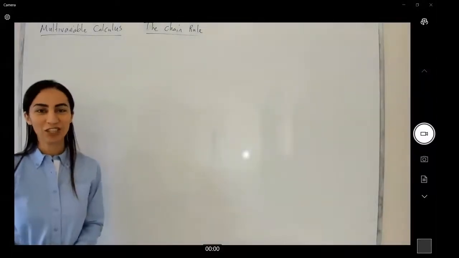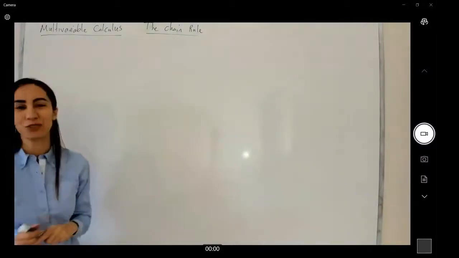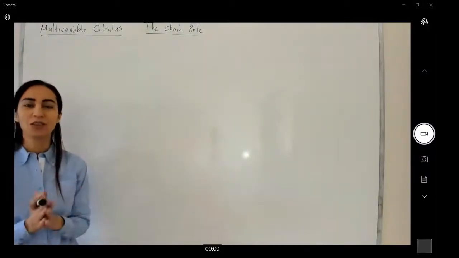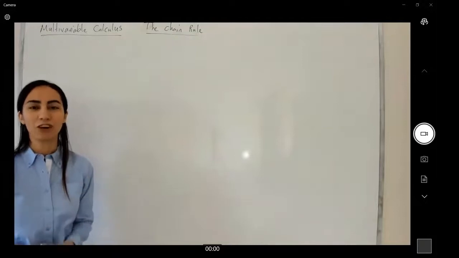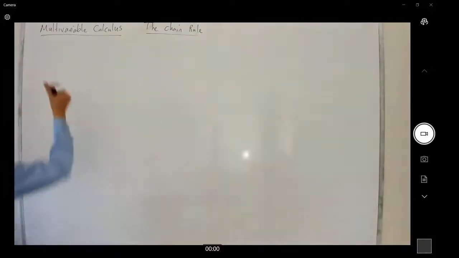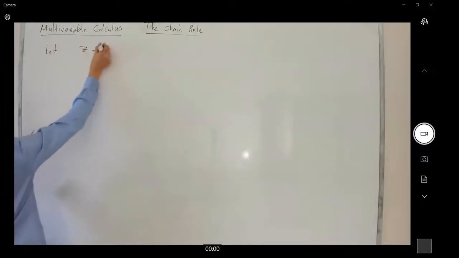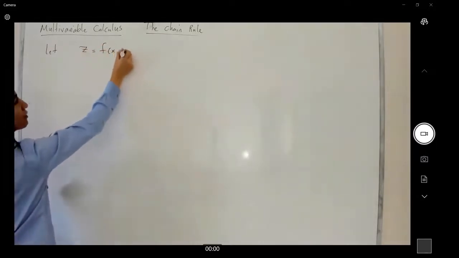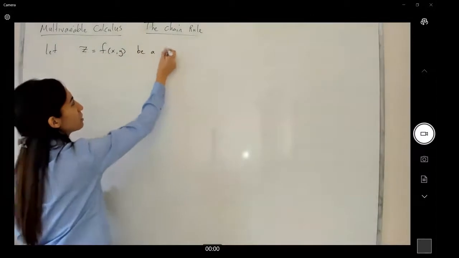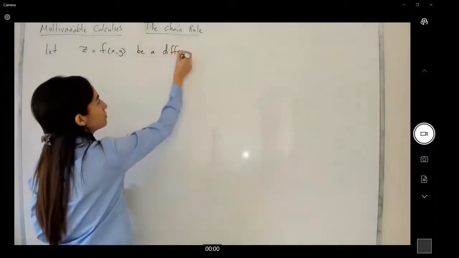Let's continue the lecture. We're going to talk about the chain rule today. So suppose you have a function which is differentiable. Let z equal f of x and y be a differentiable function.